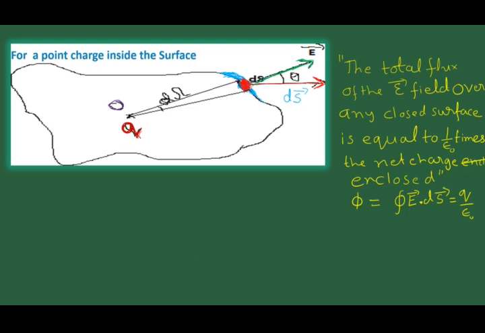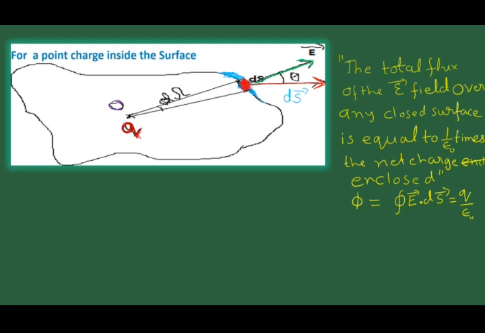We have shown a closed surface here, and that closed surface have a small elemental area shown here in red, whose area is dS. Let us consider a vector perpendicular to it, proportional to that area, and that vector is shown in blue here, that is dS vector.